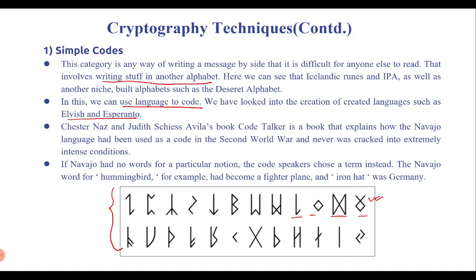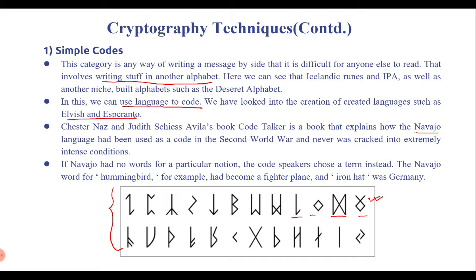Chester Nez and Judith Schiess Avila's book Code Talker is a book that explains how the Navajo language was used as a code in the Second World War and was never cracked, even under extremely intense conditions. So Navajo was a language which was used in order to communicate between the different military bases during the Second World War, and it was extremely difficult to crack because that language was known by very few people around the country.